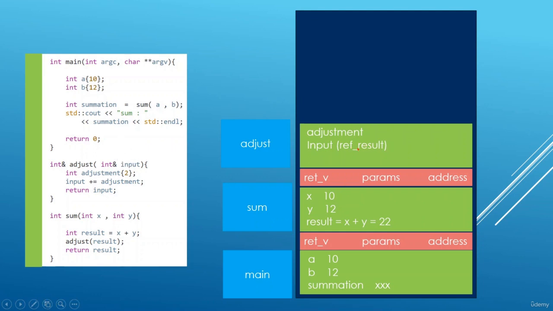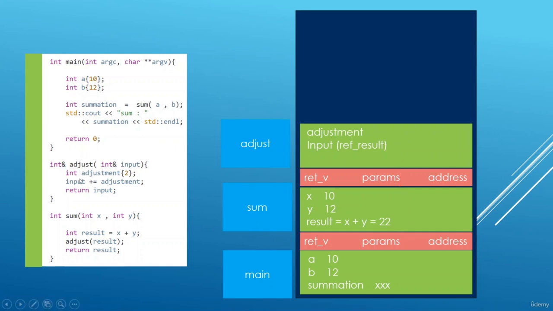And it really is a reference to the variable that we have in the sum function here, and that's going to be the result variable. So if we modify the input, the changes are going to be visible even in this result variable, because we passed the parameter by reference to the adjust function. I really want you to understand this.